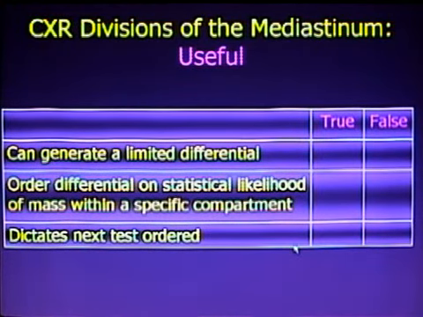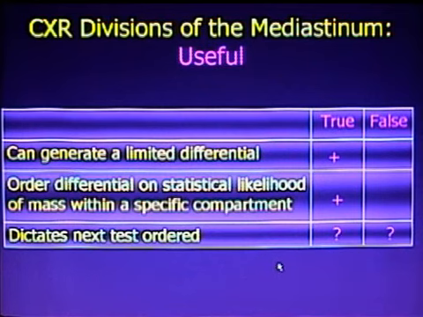So the chest X-ray divisions of the mediastinum, are they truly useful? Obviously, I've revealed my bias a little bit. Yes, they can help you to generate a somewhat limited differential diagnosis if there's a pathologic process. Yes, you can order the differential on the statistical likelihood of a mass occurring within a specific compartment based on this kind of a technique. And does it dictate the next test ordered?